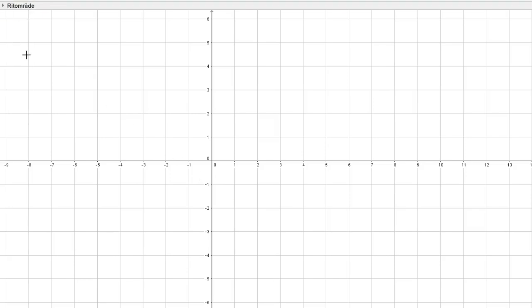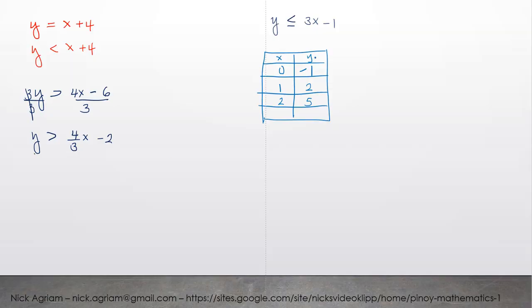And then 1, 2, there you go. And then 2, 5. If I connect the points with a line, the solutions we're talking about are all the points under the line.